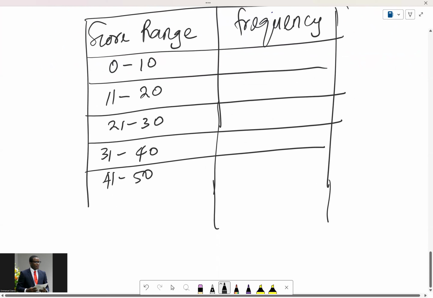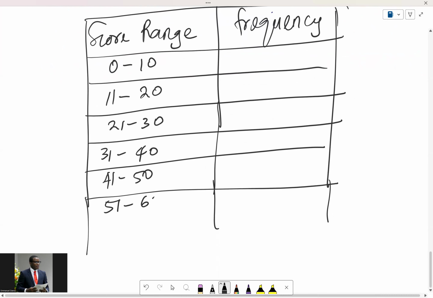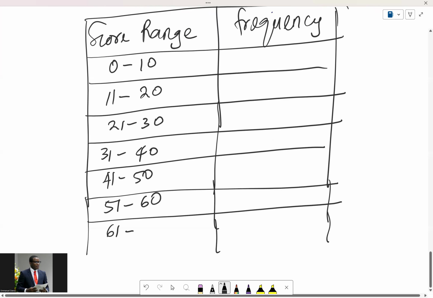Oh, this is a lot. But it's okay, let's just do it. Then 51 to 60. And then we have 61 to, oh, I think this is too much.